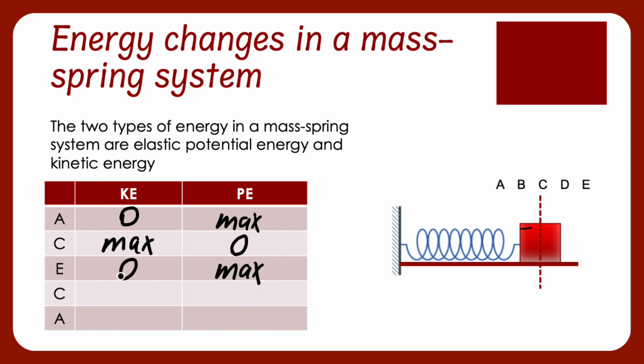It stopped, no kinetic, so let me fill in the rest of these. Now you might not have realized, but this is the exact same table we had in the previous slide. It doesn't matter which simple harmonic oscillator I have. I'm going to have energy being changed between kinetic energy and potential energy. The only thing that changes is the kind of potential energy I have.